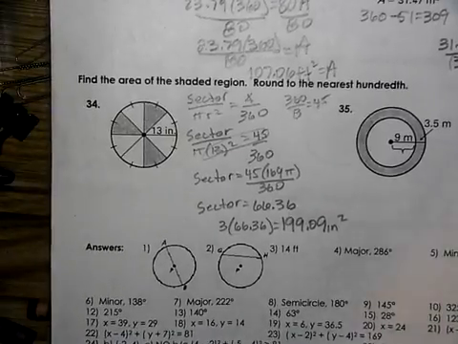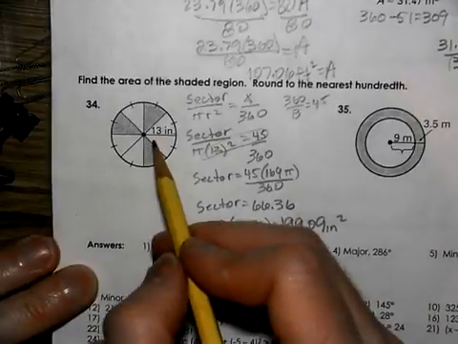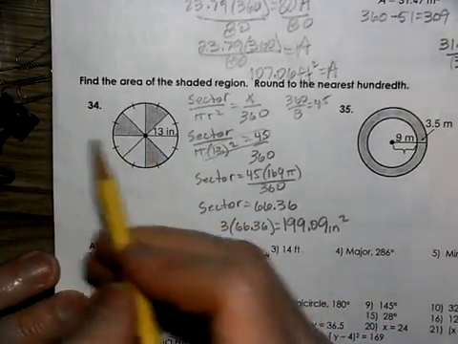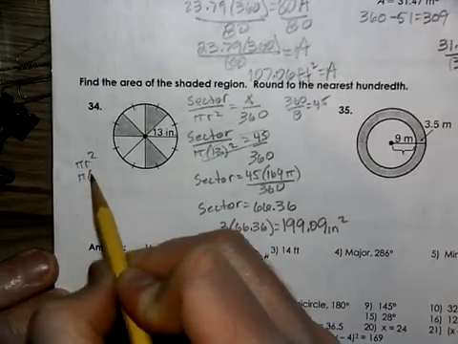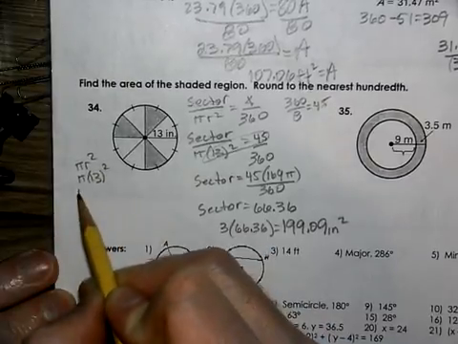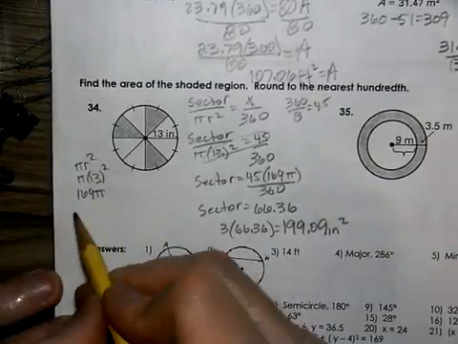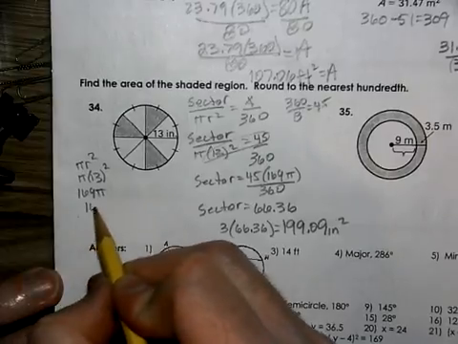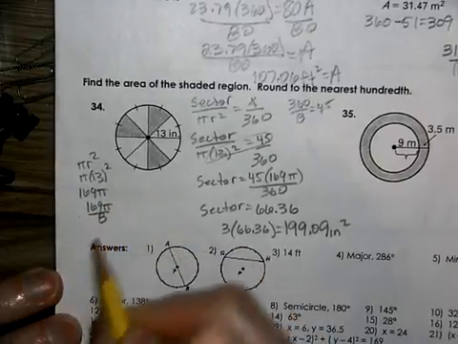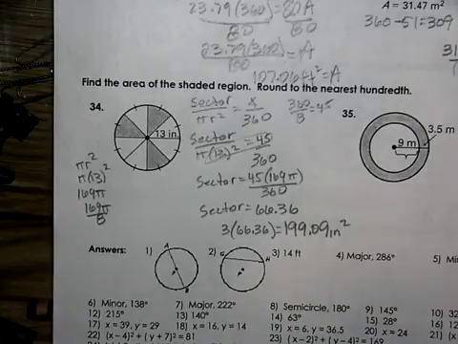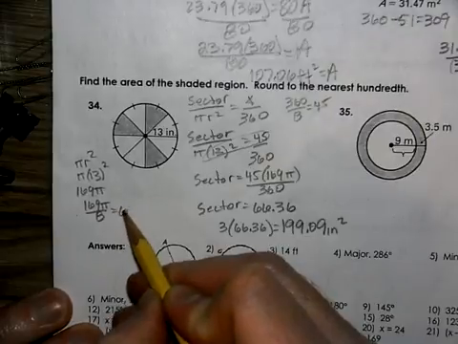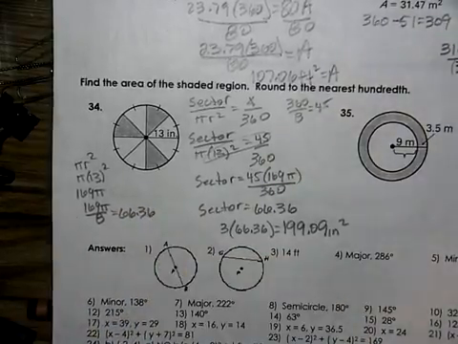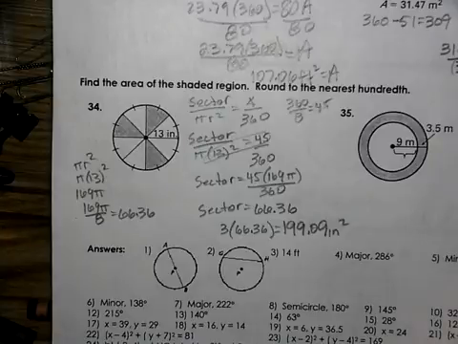Now, as I was working through this problem, there was actually another way. It's essentially the same problem, solving it the same way, but you could start out with just the area, which is pi r squared, which is 169 pi. Then we're going to cut 169 pi by 8, which would give us our 66.36.